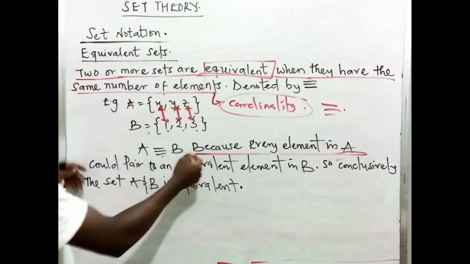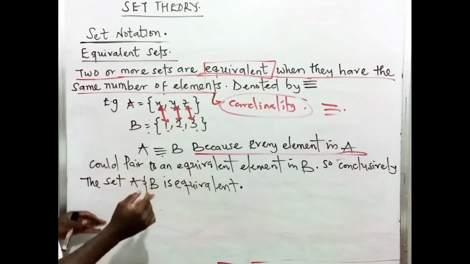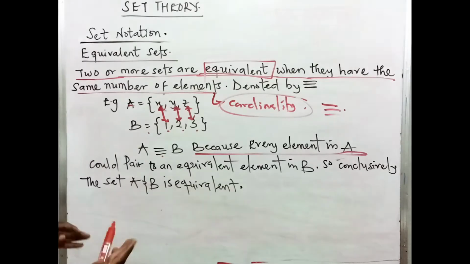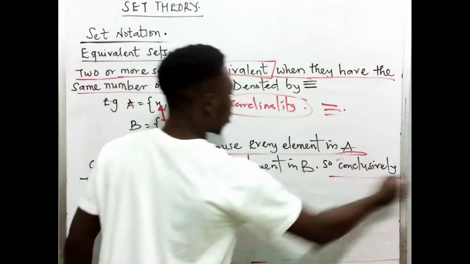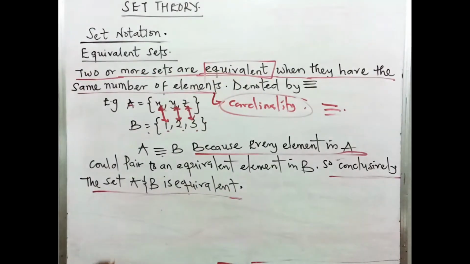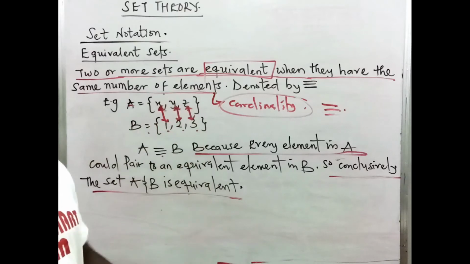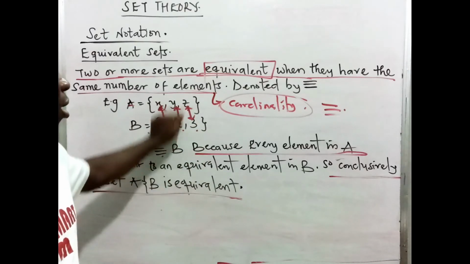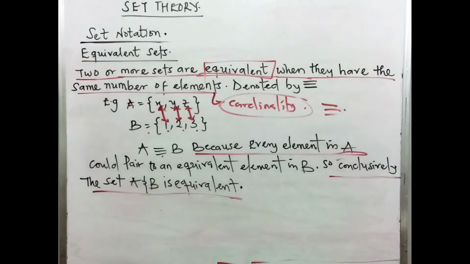Therefore, since they can pair themselves, we can conclude that sets A and B are equivalent sets. I'd like us to pay close attention: they don't need to have identical elements. So far as they can pair themselves, it is an equivalent set. But if they cannot pair themselves, the sets cannot be tagged equivalent sets.